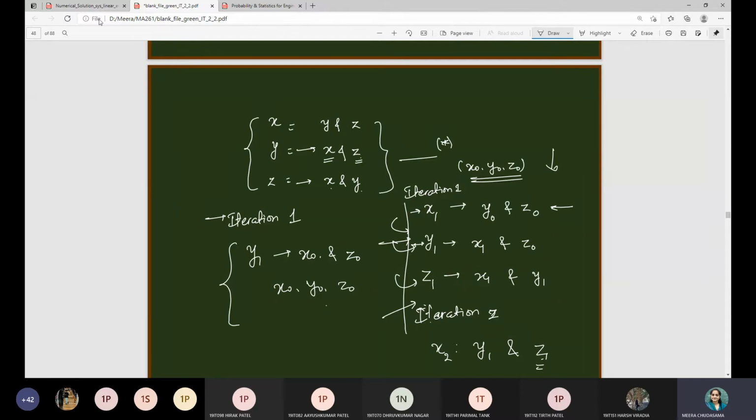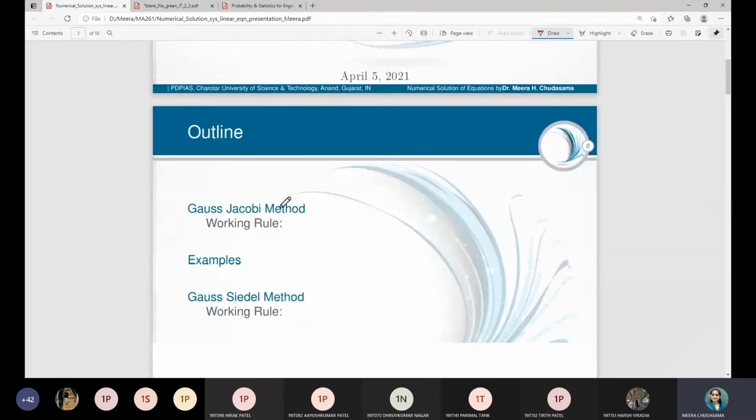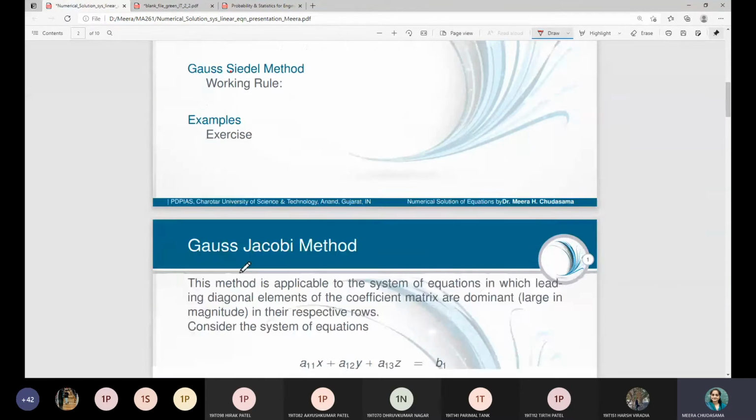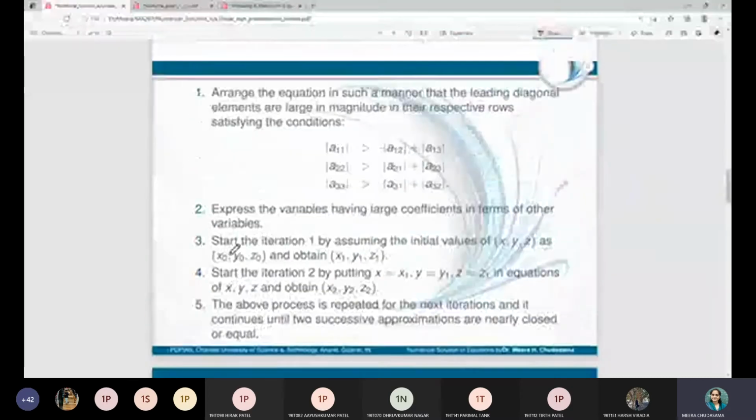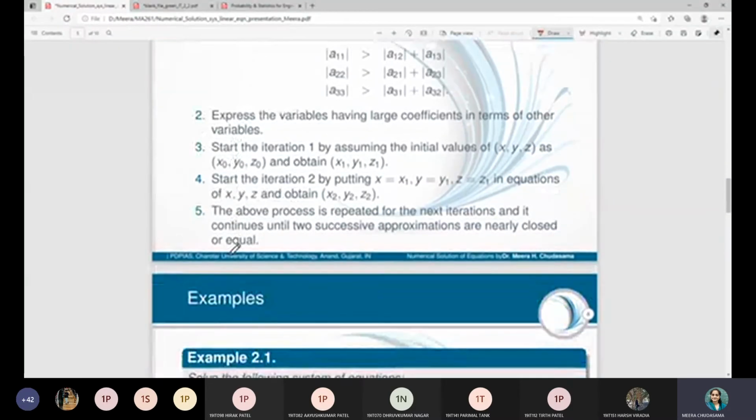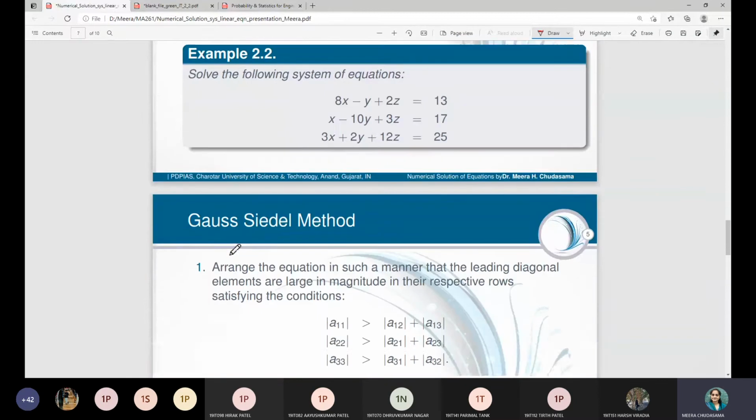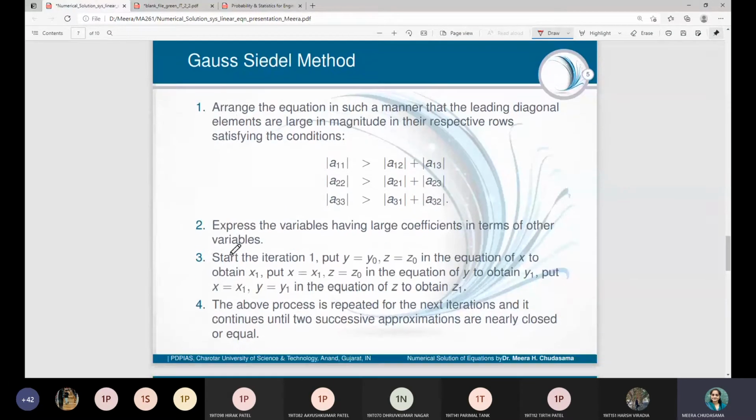So if you see the working rule of this one, here it is. Gauss-Seidel method. So first of all, you have to arrange the equation in such a manner that leading diagonal elements are large in magnitude in their respective rows, and it has to satisfy this condition.